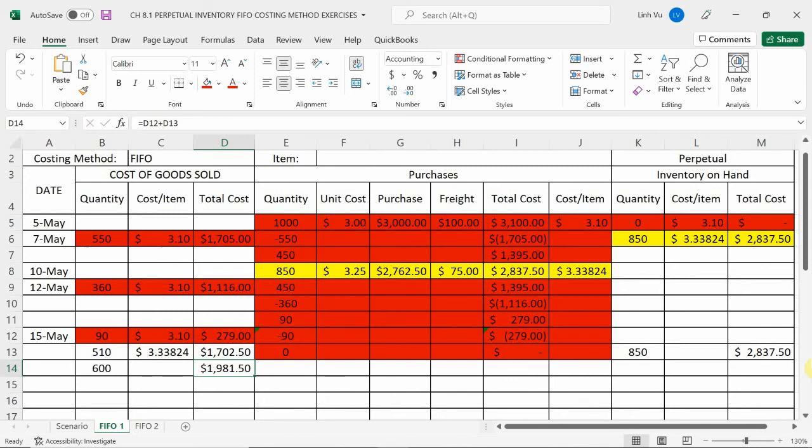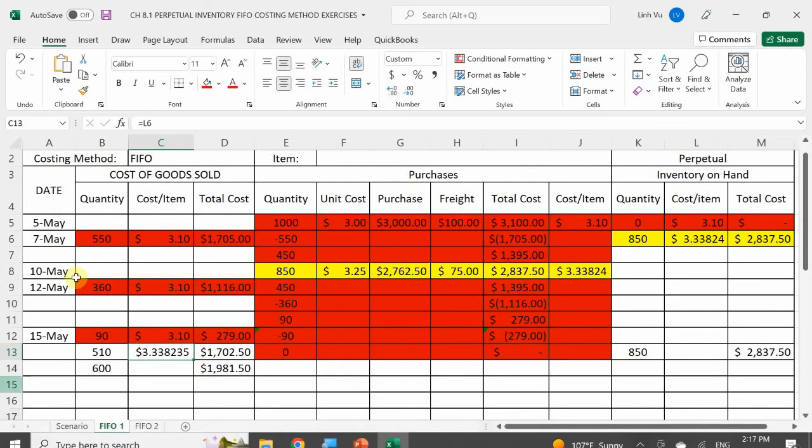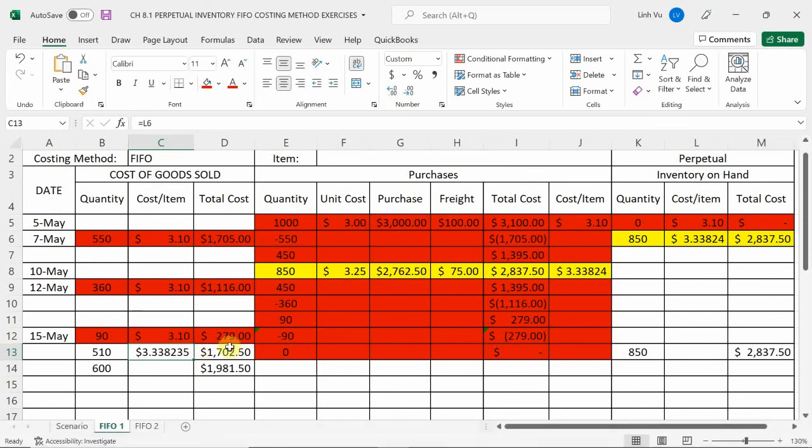You said 52? Okay. So remember, 6 decimal places is ideal. I only have 5. So let's see what the next number is. So it's actually 235. Right? And that should give you a more rounded number here.